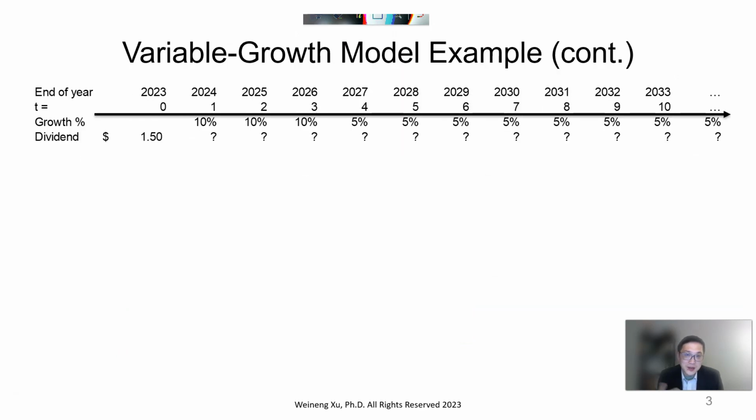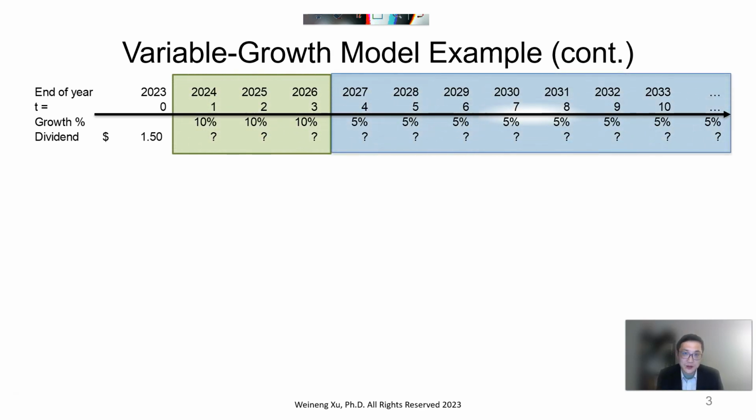Now, to get the valuation of that sequence of dividends, what I'm suggesting you do is break down the entire cash flow based upon the different growth rates that the question tells you about. In this case, in the next 3 years, the dividend growth rate is going to be about 10% per year. So let's make that a green part of the cash flow.